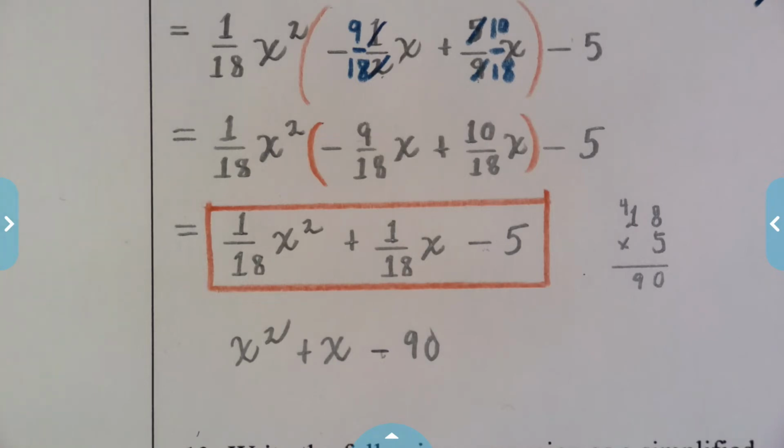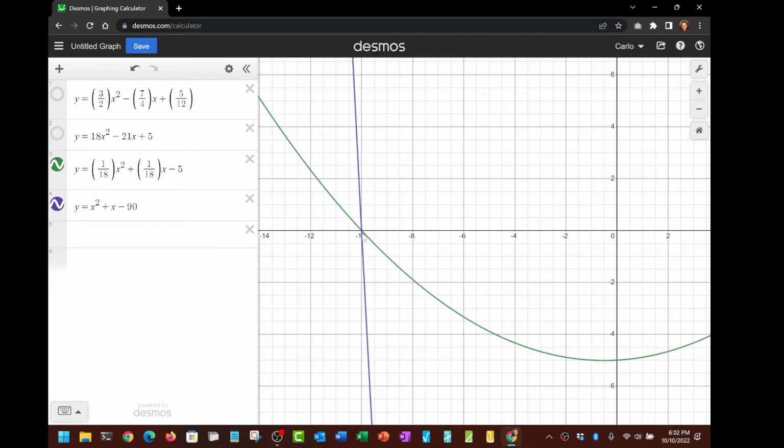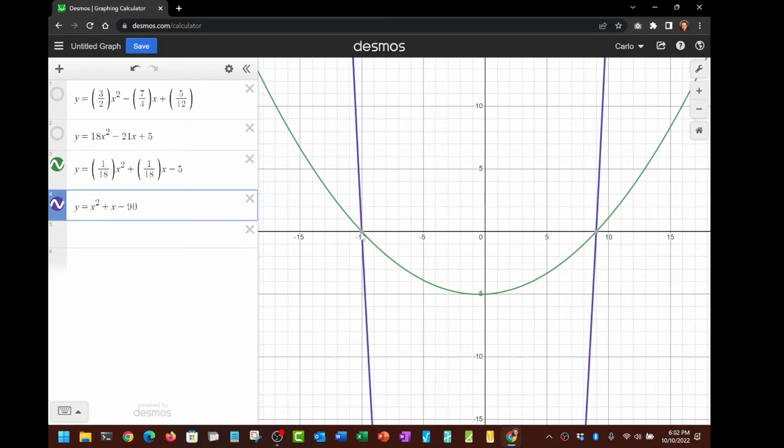Let's go see. Okay, so here they are again. Notice the first equation's the one that Delta probably wants. That's the green one. See how it's different from the purple one, the one that I made? But notice how they both have the same solutions. They both cross the x-axis at exactly the same point.